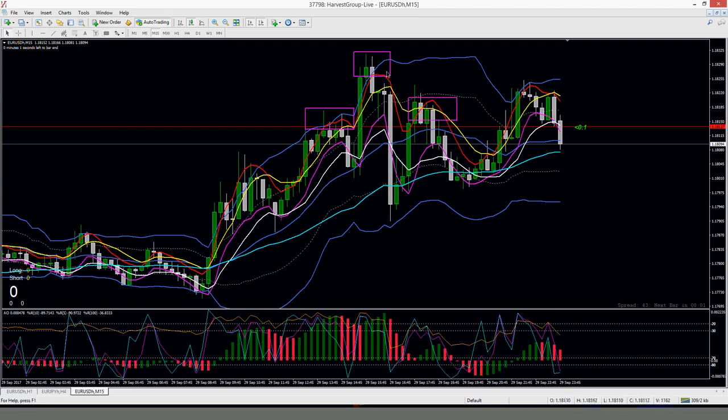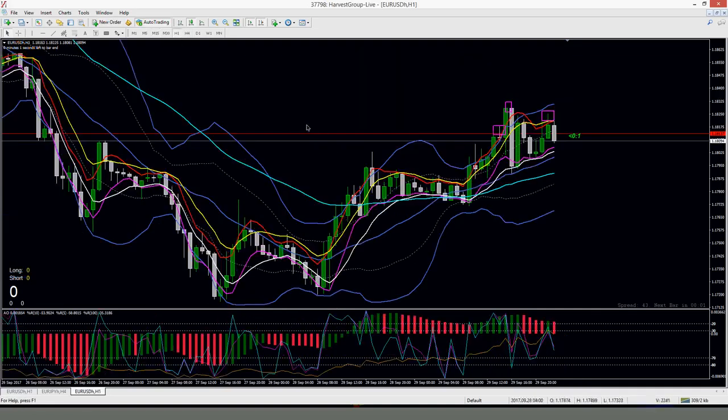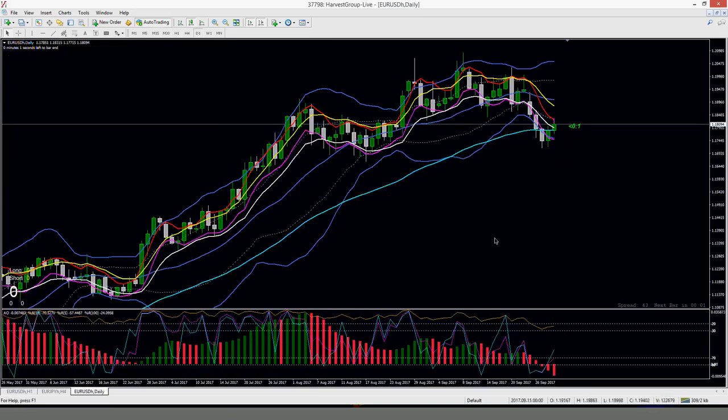Then this head can be utilized for another shoulder again over here. So that's how head and shoulders works. This tells me that M15 is already going downwards. So that's how we interpret how the market works.